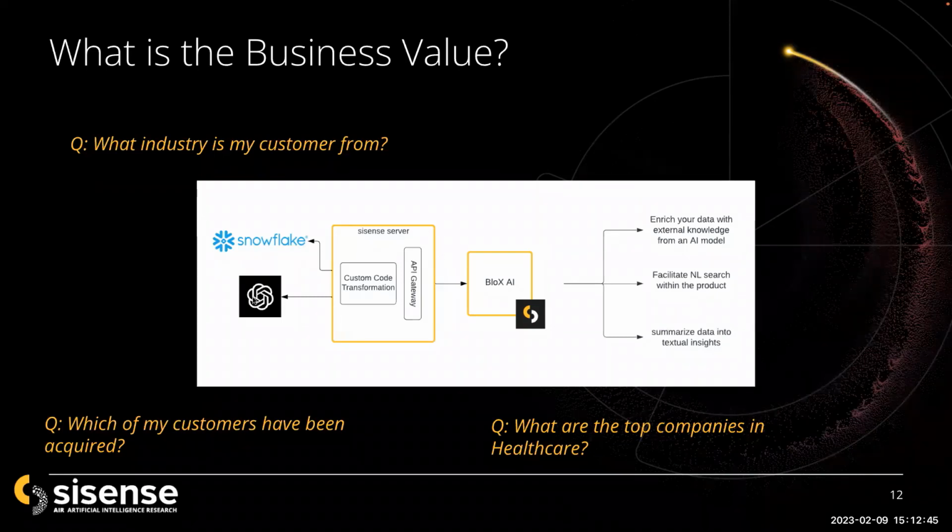And of course, GPT. So you can ask business questions like, what industry is my customer from? Which of my customers have been acquired? What are the top companies in healthcare? And of course, there are endless opportunities.